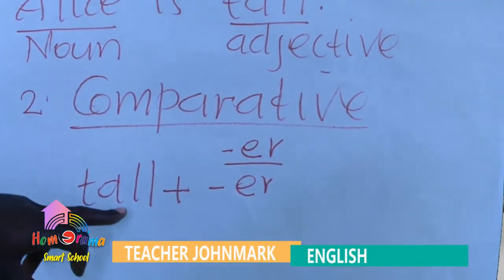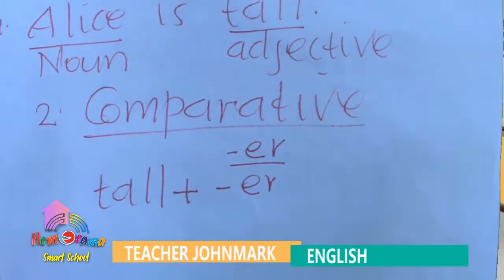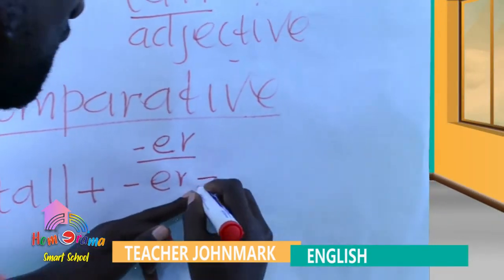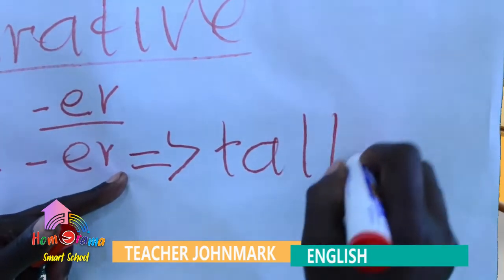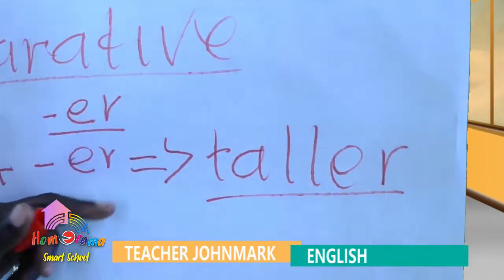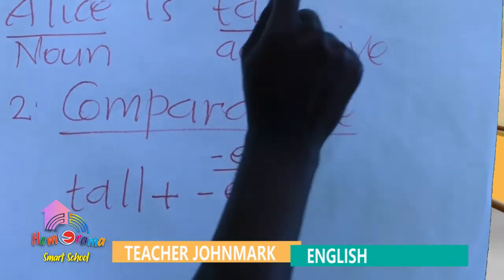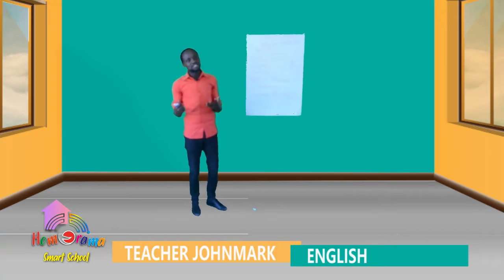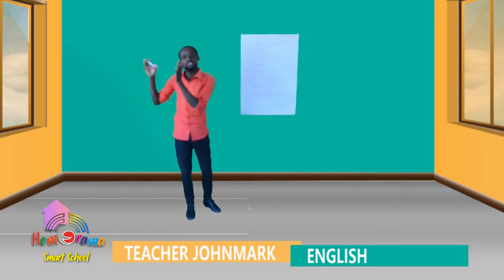So if the positive adjective is tall, we are adding ER. And what will be the final result? The final result will be taller. In other words, taller is a comparative adjective. We can construct a sentence using the word taller. We can say, Moses is taller than John.